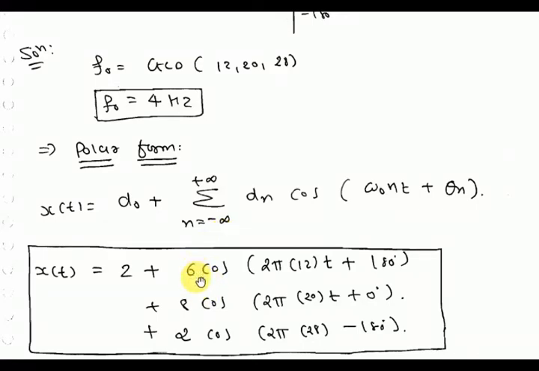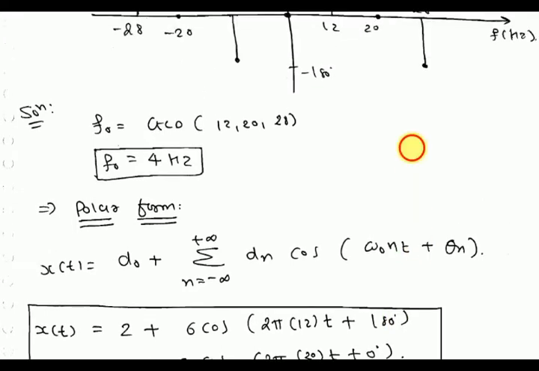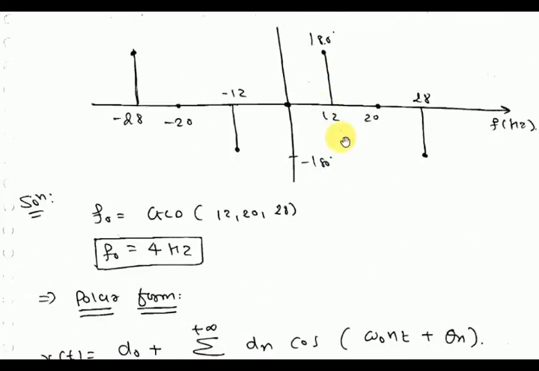For a two-sided spectrum that you want to represent in polar form, you have to double it. So 3 into 2 is 6. Put f naught into n is 12, you have to take the 2 pi separately, and theta n is 180 here. For 12 the phase is 180, that's why I have taken 180 here.